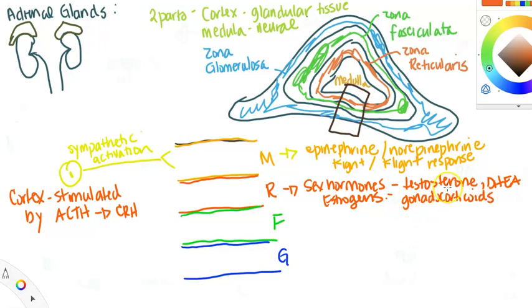So these are steroid hormones. They target most cells for growth, bone and muscle strength.